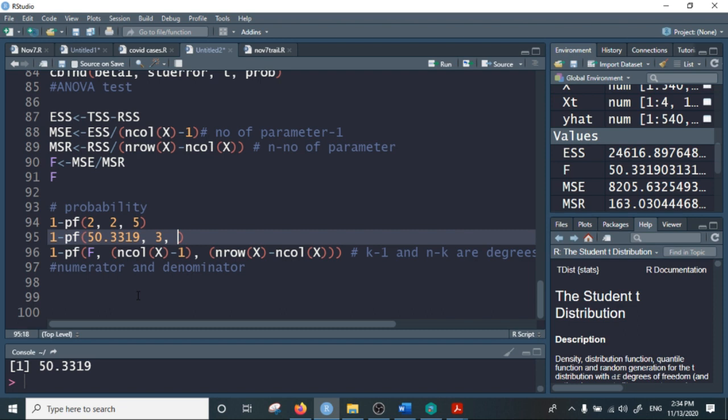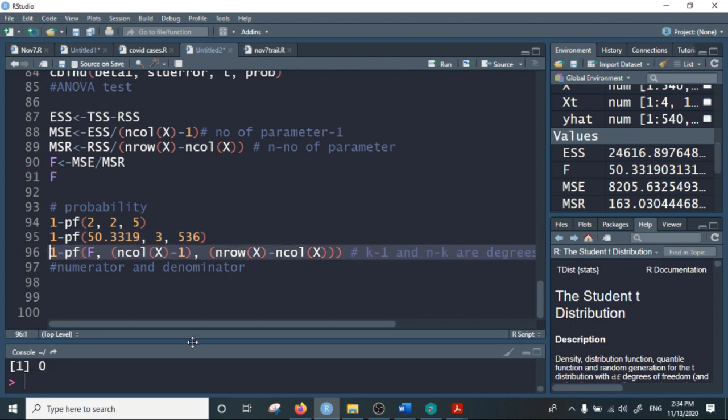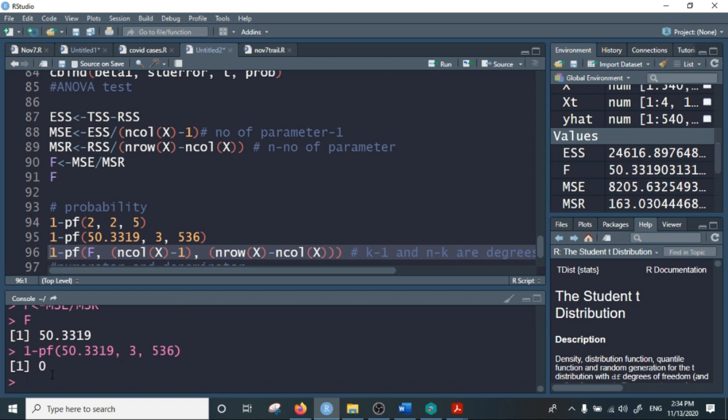And the degree of freedom for the denominator is n minus the number of parameters, which is 540 minus 4, which is 536. So if we run this command, the value is 0.